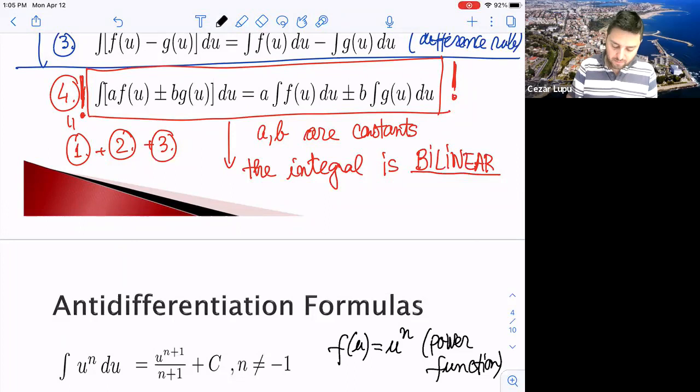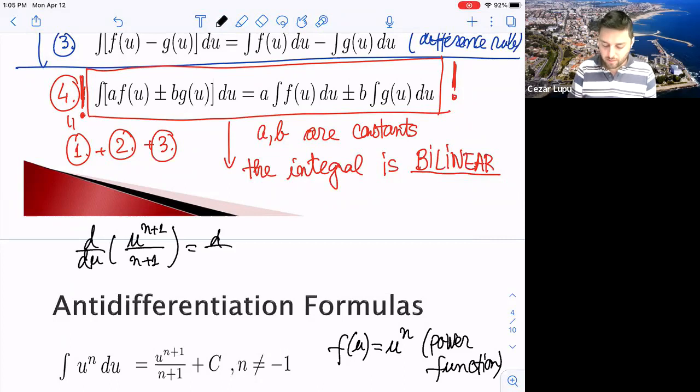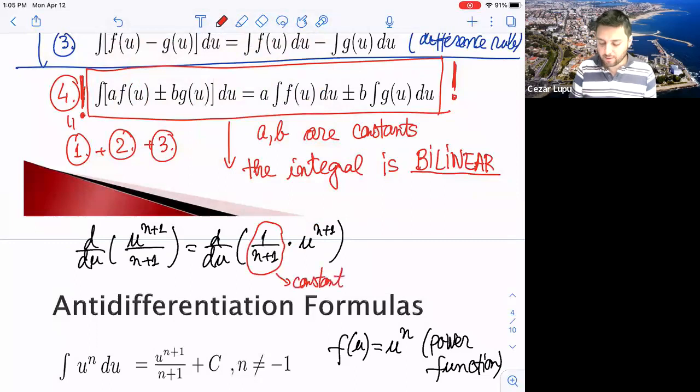Let's compute the derivative. d over du of u to the power n plus 1 over n plus 1 can be written as d over du of 1 over n plus 1 times u to the power n plus 1. But this is a constant, so we will take out the constant, as we have seen from derivatives, and I hope you all know this.